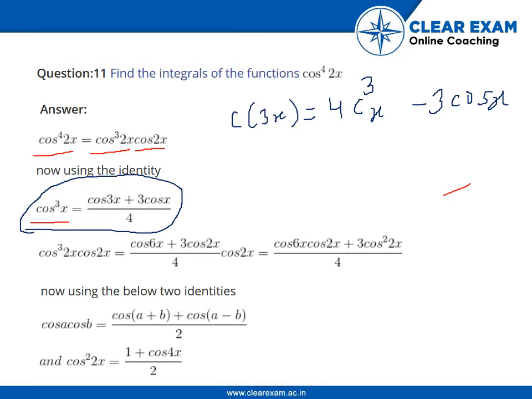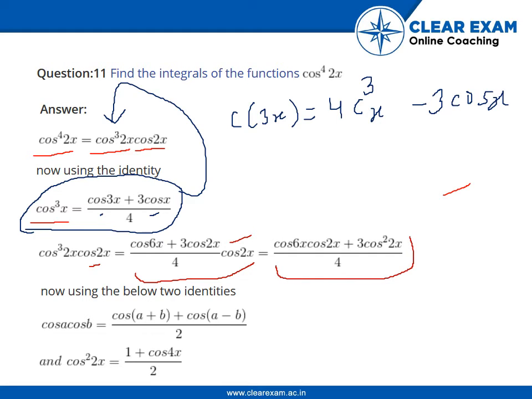So we take the help of this identity to replace the value of cos cube 2x here. We replace x by 2x in this identity everywhere, so we get this expression, and we already have cos 2x, so we get cos 2x here. Now simplifying the expression, we have this.